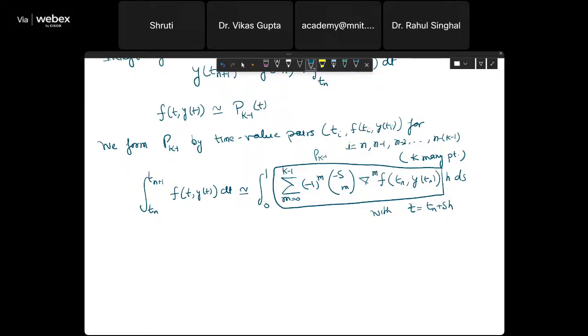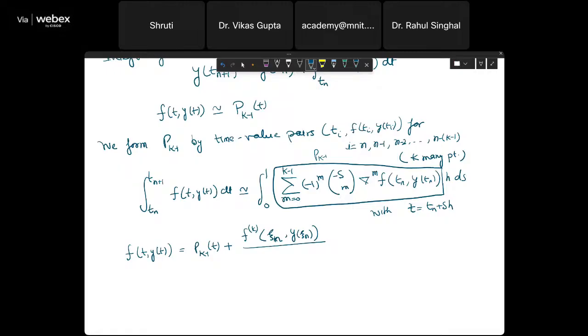This is an approximation, so obviously there is some error involved. What I can say is that in actual fact f(t, y(t)) will be nothing but p(k minus 1), the interpolation polynomial, plus the error term, which is the kth order derivative of f at (xi n, y(xi n)).